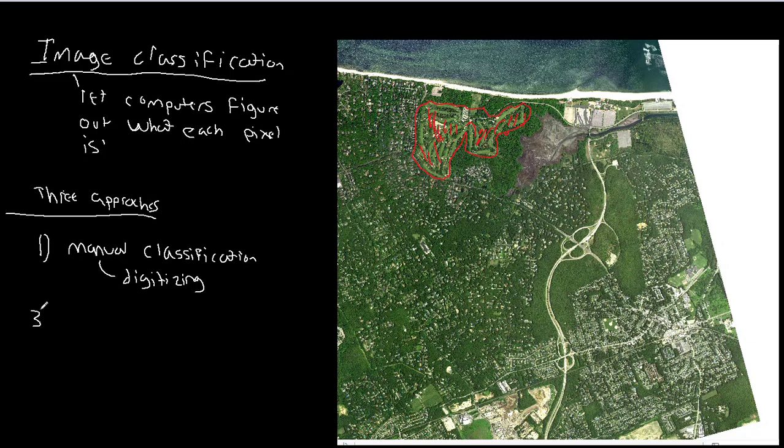The second approach, and this is the one we're going to talk about this week, is unsupervised classification. In unsupervised classification, all we say is, hey, computer, here's an image.